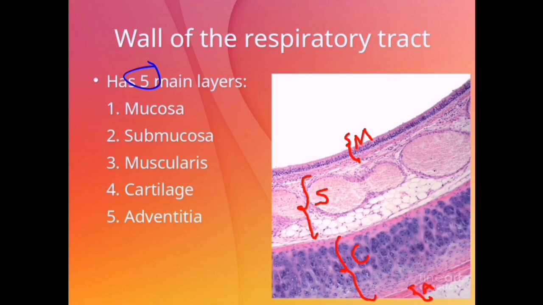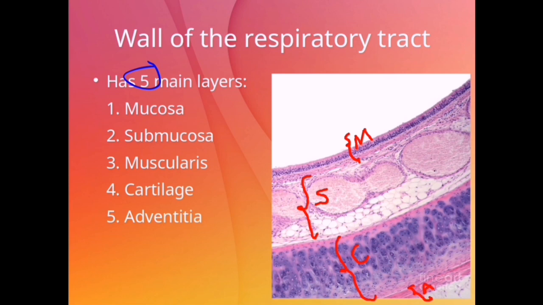We also find elastic fibers and collagen fibers in this connective tissue. Underneath the submucosa we have the cartilage layer. The cartilage layer is mainly present in the conducting portion of the respiratory tract. Within the respiratory portion we do not find any cartilage.